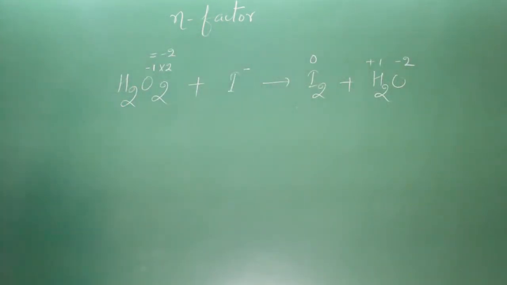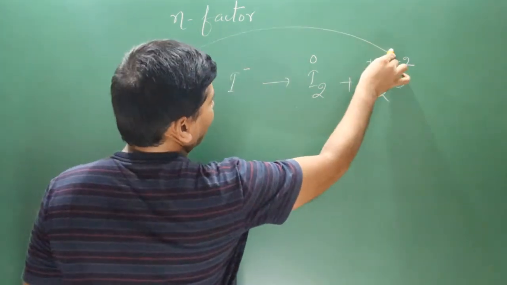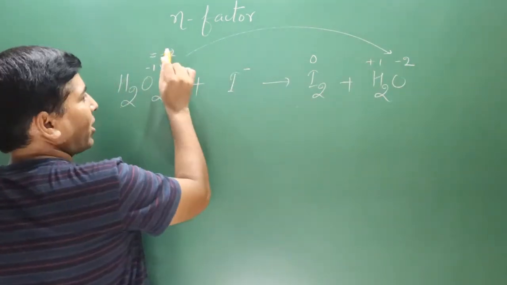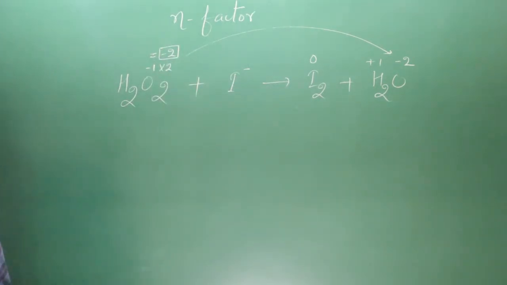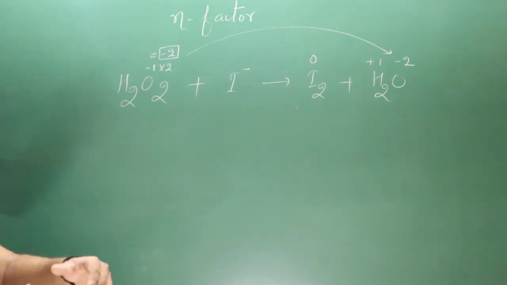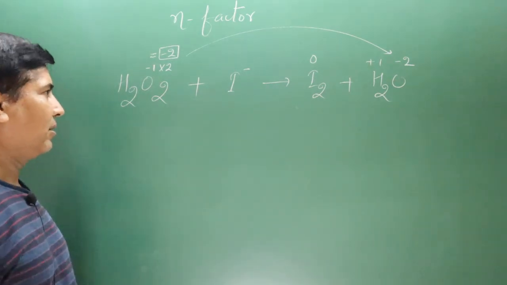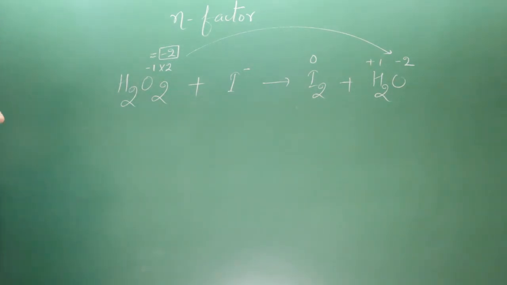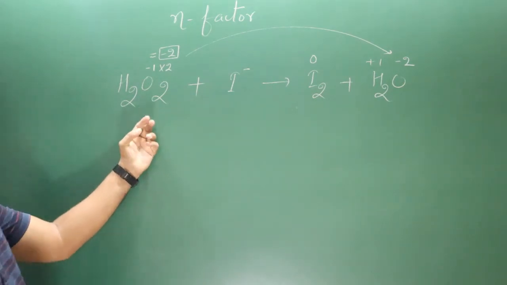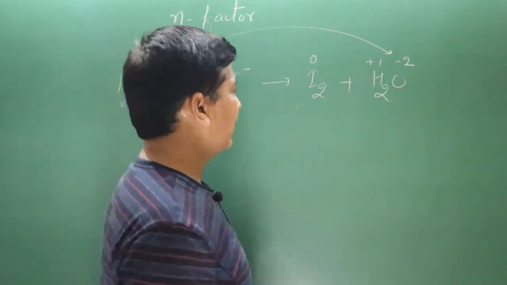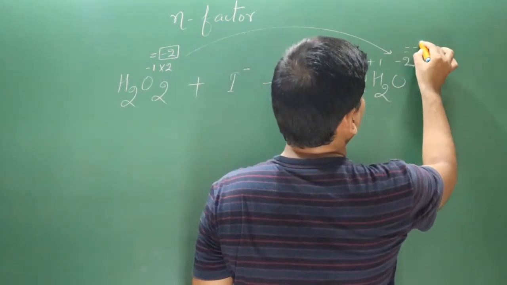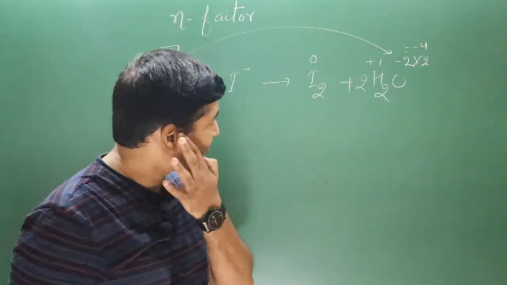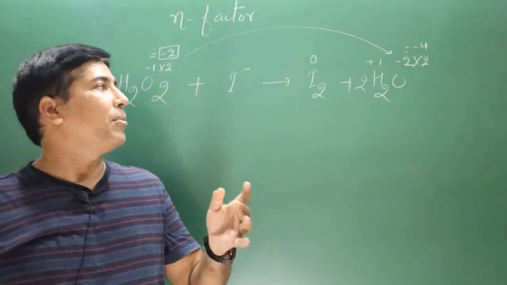Okay, now we can compare the oxidation numbers. Oxygen to oxygen, it shows minus 2 on the left side, minus 2 on the left side. Keep in mind, first of all we need to balance the number of oxygen. 2 oxygen on the left side, 1 oxygen on the right side, then I multiplied by 2, then multiplied by 2 is equal to minus 4. 1 oxygen is minus 2, then 2 oxygen will be minus 4.